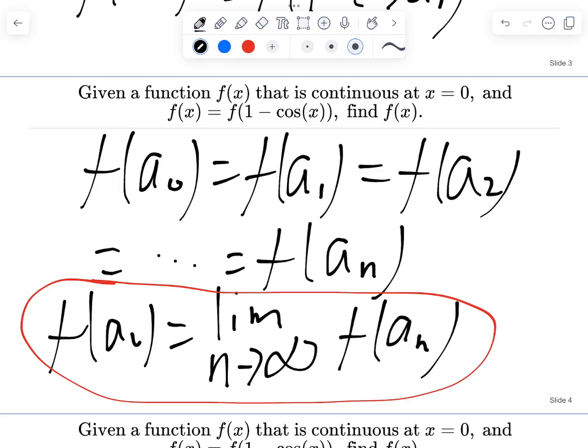We expect that f(a sub 0) is equal to 0, because the question itself says it is continuous at x equals 0. And as we all know, for a continuous function, the limit of the function is equal to the value of the function itself. So the next step will be explained by Tim.